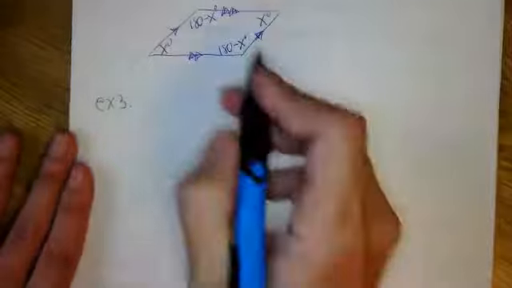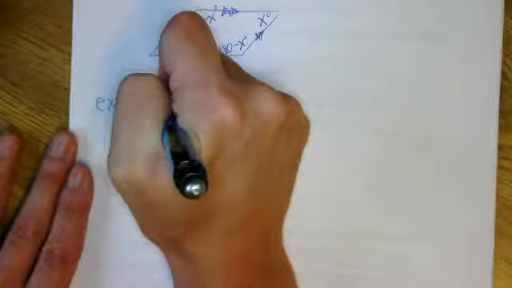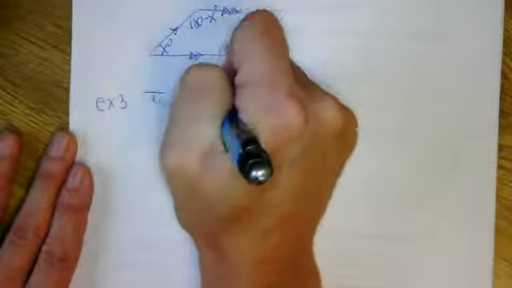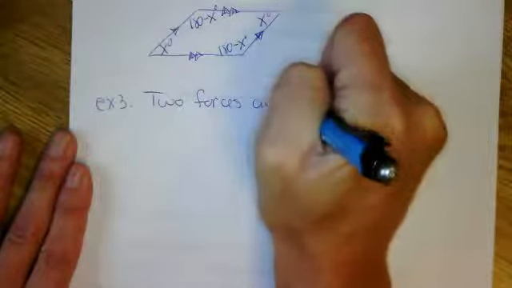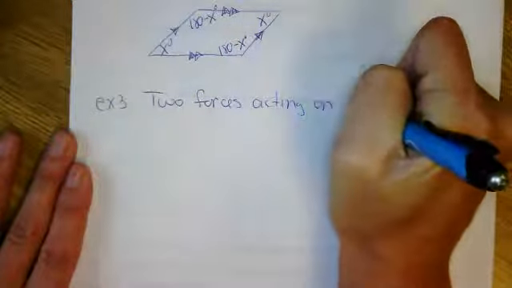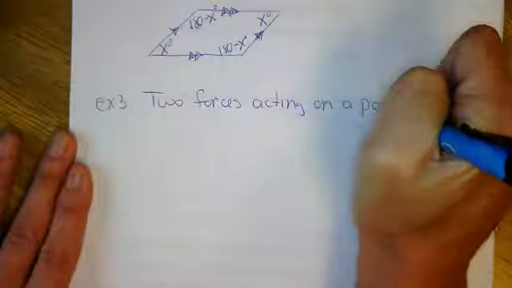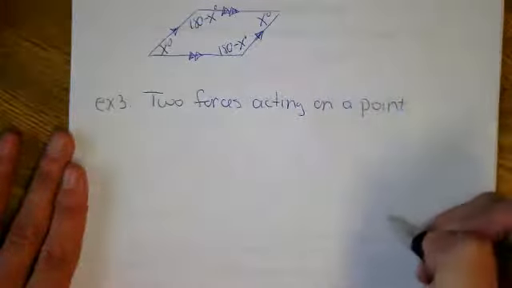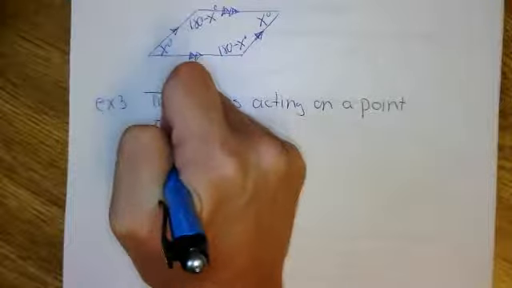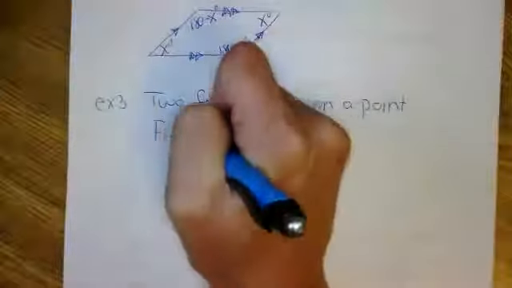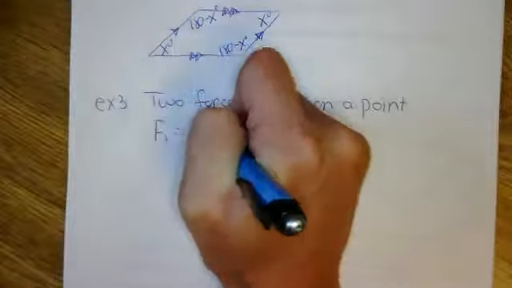Okay, we've got two forces acting on a point. Think of this as, say, a big crate with two ropes coming off of that crate. Force 1 is pulling with 25.6 pounds of force.